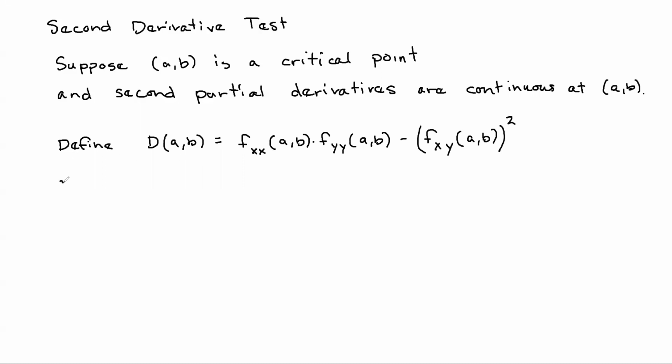All right, and then A, if D is greater than 0, and the second partial with respect to x is greater than 0, then f(a, b) is a local min.